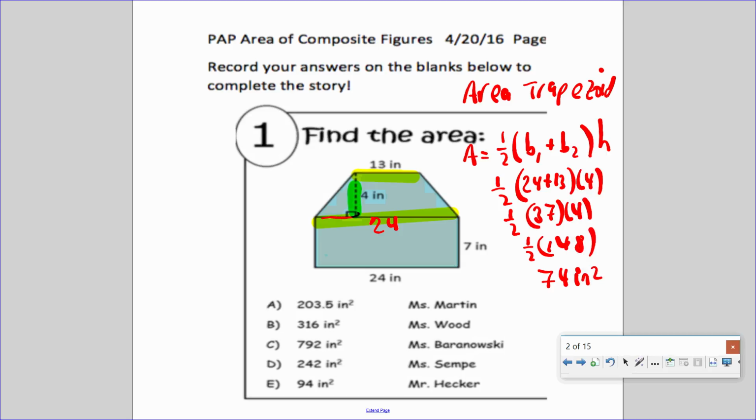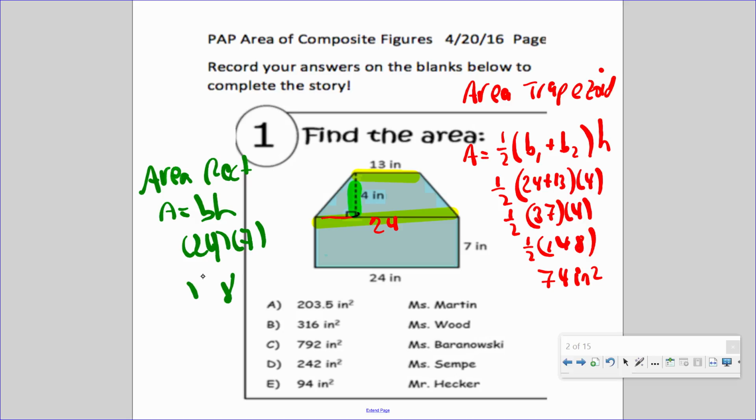Now let's find the area of the rectangle. So I'll do it right here. To find the area, the formula is base times height. The base is 24. The height is 7. So that would be 168 square inches. So this rectangle right here has an area of 168 square inches.